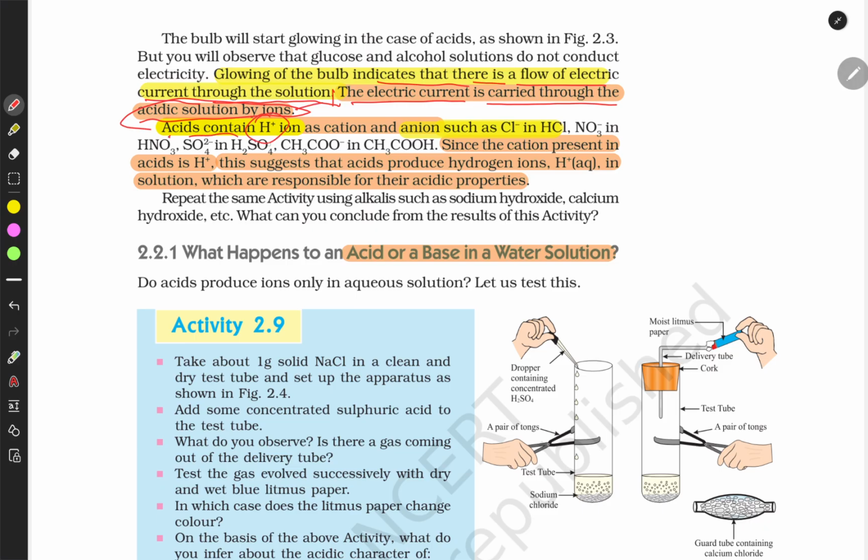Acid contains H plus ions as a cation, and anions such as Cl minus in HCl. Since the cation present in the acid is H plus, this suggests that acids produce hydrogen ions, H plus, in the solution, which are responsible for the acidic properties.